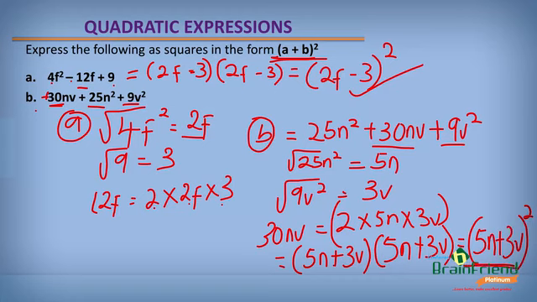So the solution to 25n squared plus 30nv plus 9v squared is 5n plus 3v all squared.